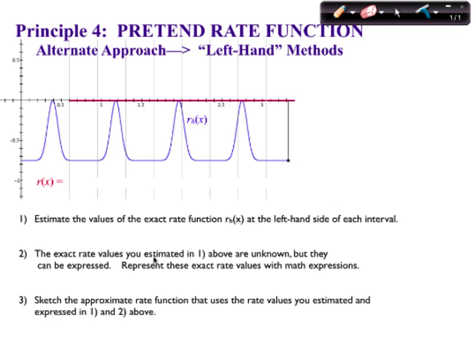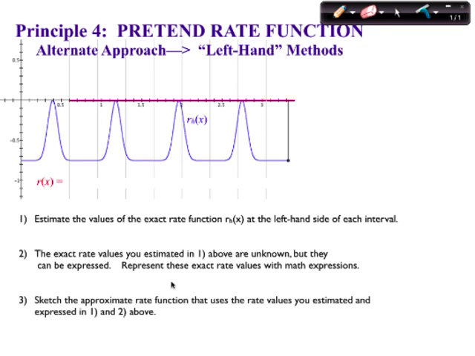All right? And then, those exact rates you estimated in number 1 are unknown because you're just estimating them from the graph. We don't really know what this function is. I haven't told you. But those exact values can be expressed. So I want you to represent those exact values with math expressions. That's the second line at the bottom of the page.